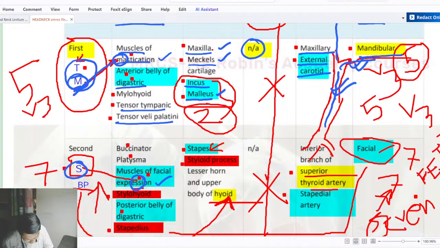Here the first gets priority. So S is for second, and expression is for S. So muscles of facial expression, then stylohyoid, stapedius.